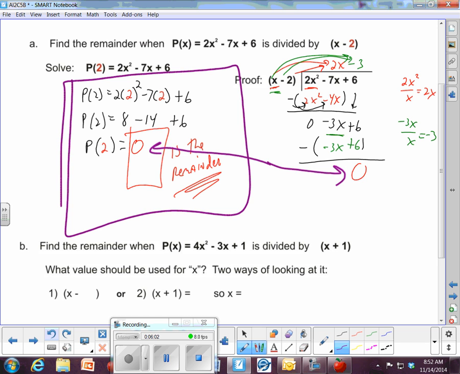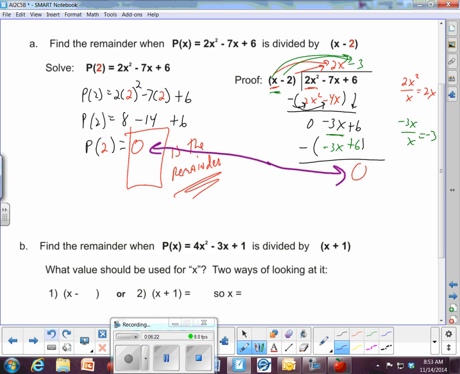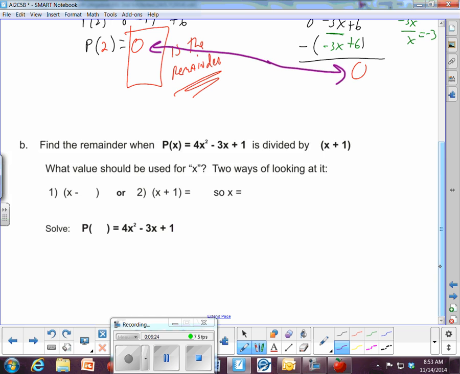This is the remainder theorem right here, right? That part's the remainder theorem. By putting 2 in for the variable, we can figure out the remainder. That's what we're after. Okay? So that's the first concept. Questions on that? Questions? Completely lost? Hopefully not. Okay. So let's keep going.